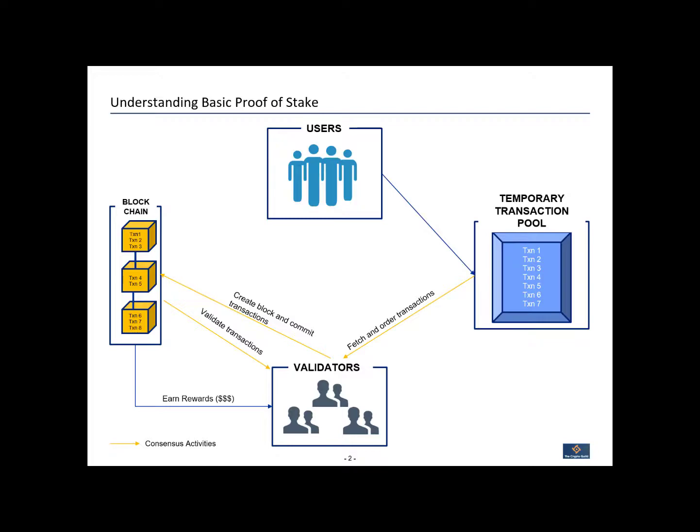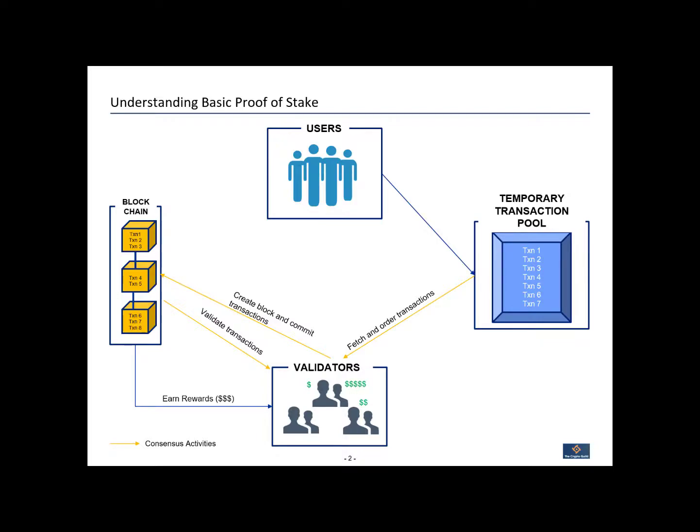So let's look at our ecosystem again, and let's have a look at our validators. In a proof of stake consensus model, each validator is asked to commit a certain amount of coins into the network. This is called staking of coins, right?